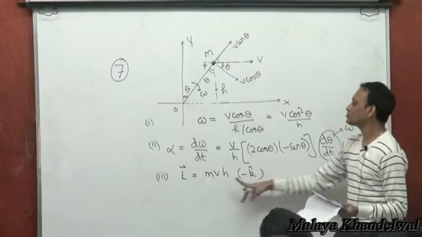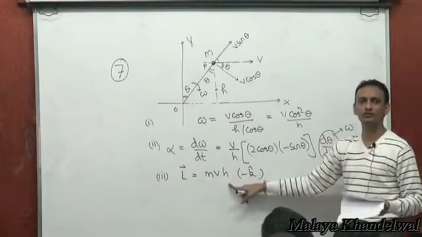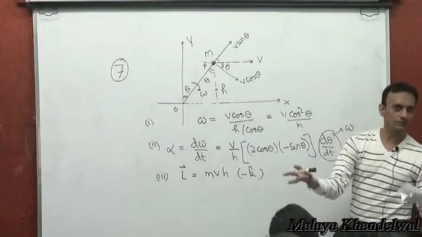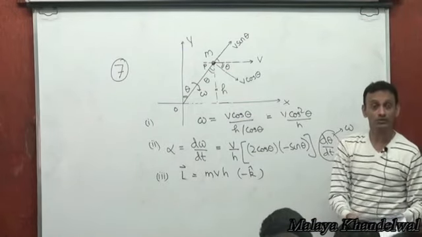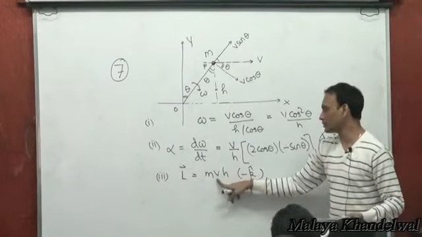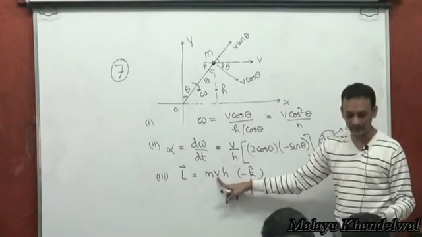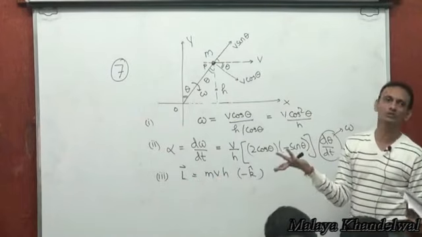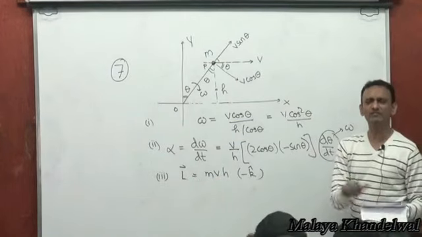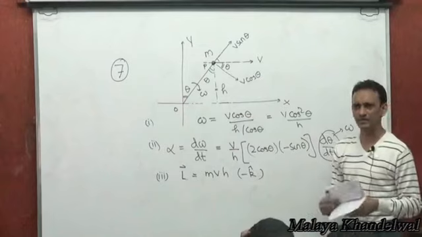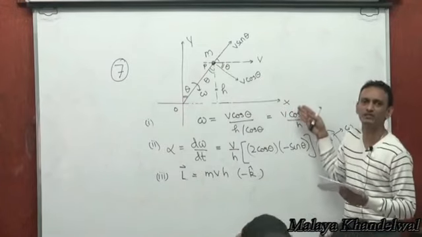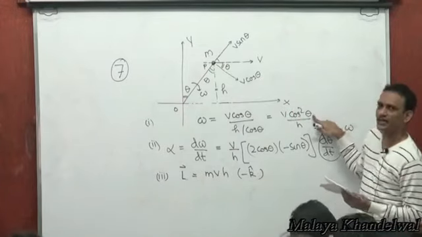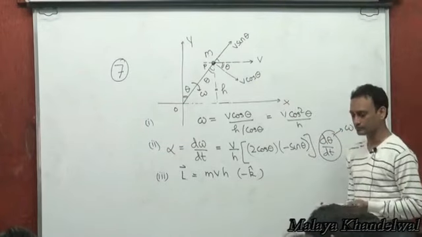Differentiate L with respect to t, you will get torque. Torque would be dL dt. 7 and 8 are the same, except that you got to replace v by at and differentiate. So you will have an extra term.